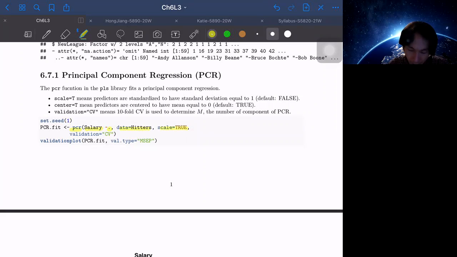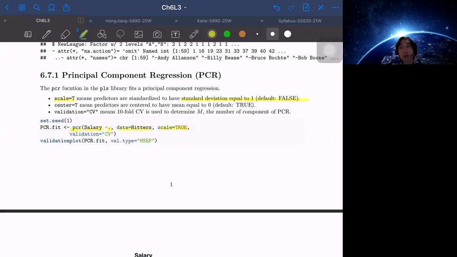So if the scale option is equal to true, we make the standard deviation of each variable equal to 1. Remember that when we do principal component regression, usually we have to standardize variables. Otherwise, just a variable with large variation is chosen as the principal component, so that does not make sense.